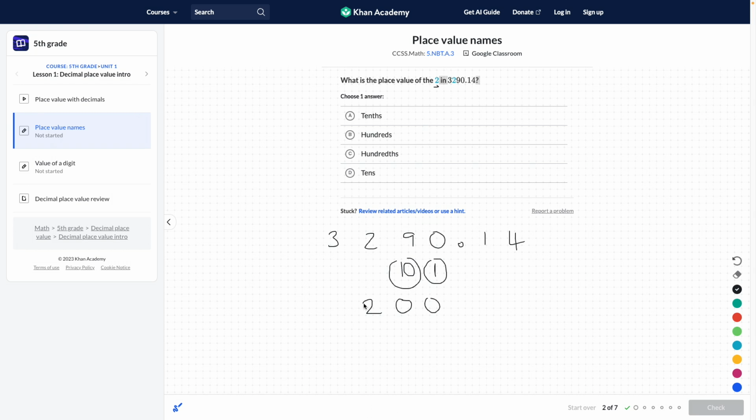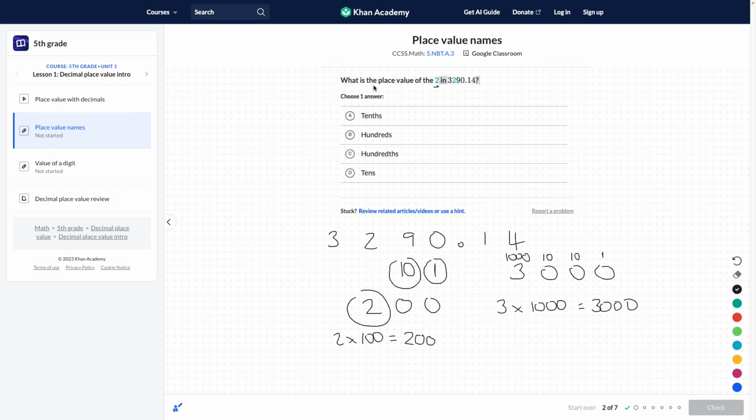So this is going to be the hundreds, because 2 times 100 equals 200. The 3 then has 3 places after it, so it's going to be 3, 0, 0, 0. We know this is the ones, the tens, the hundreds, and the thousands. So this is 3 times 1000, which is equal to 3000.